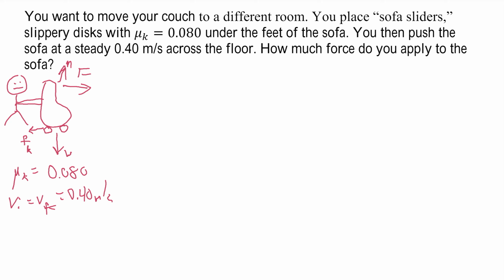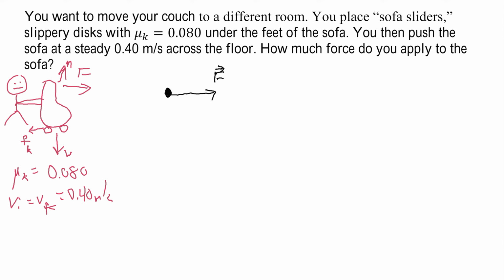Okay, so what should we do now? We're looking for force, right? We should probably draw a free body diagram. Okay, so here's my sofa. I have my applied force to the right. I don't know what it is. It is a push.